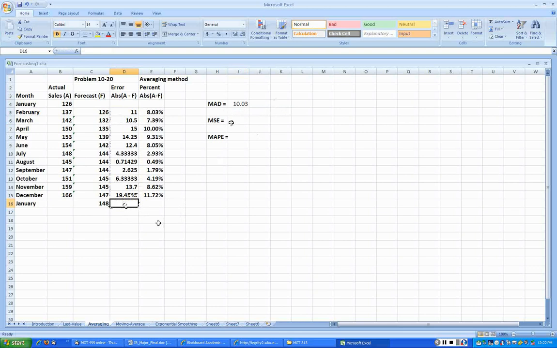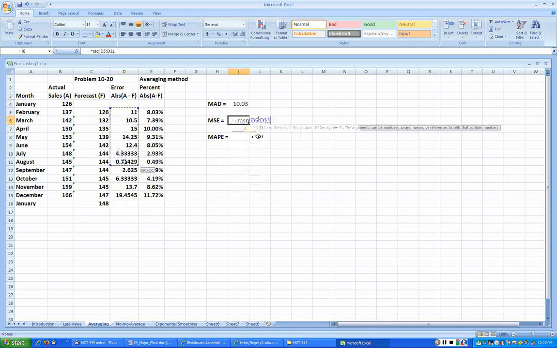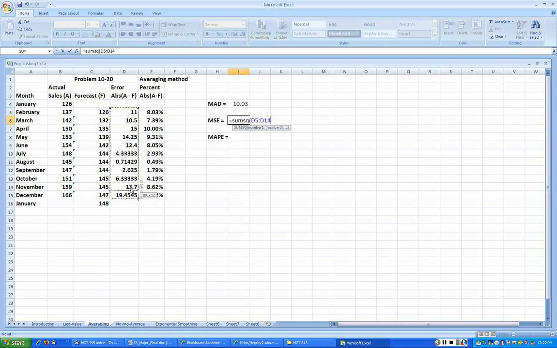MSE is equal to the sum square of the errors, divide that by how many terms. That's a count. How many? Count. That's a division symbol that should be there. Count of the error terms.